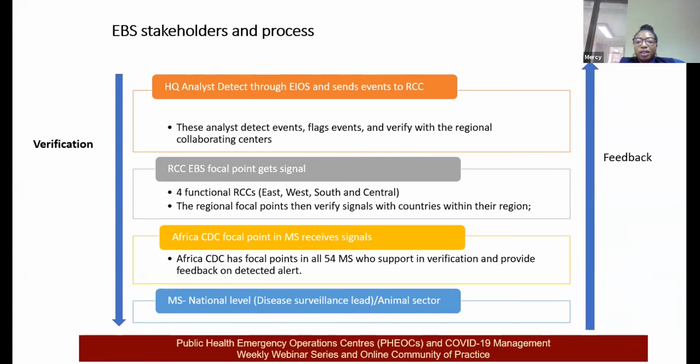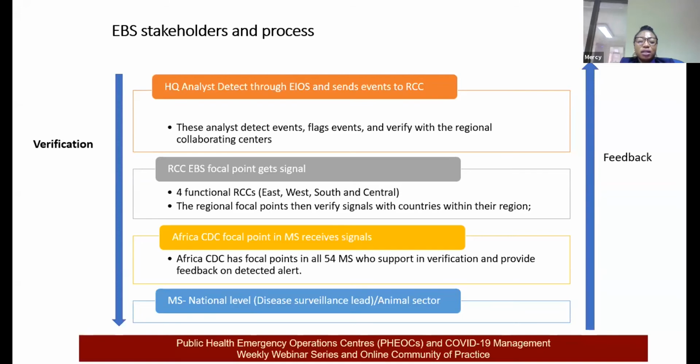Then we have Gideon, we have Medicis, we have Global Incident Map, and others. So we use a wide range of sources to detect. The HQ analyst also gets verified information from official sources like the Ministry of Health, WHO, and other regional blogs.